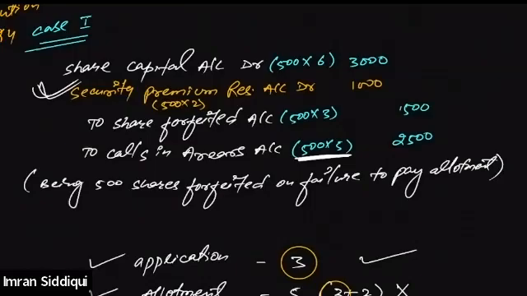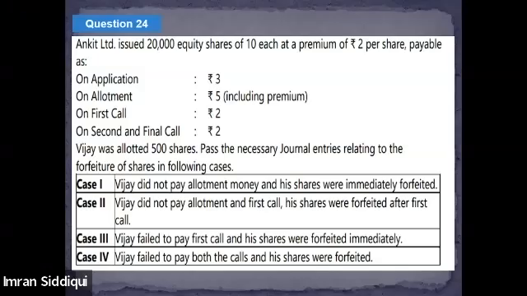Let's talk about case number 2. In case 2, it says Vijay did not pay allotment and first call. His shares were forfeited after the first call.